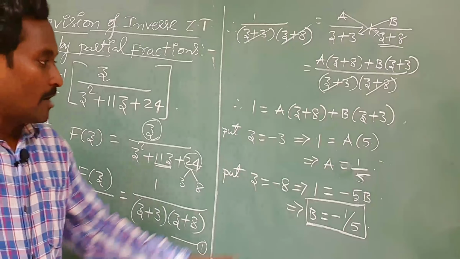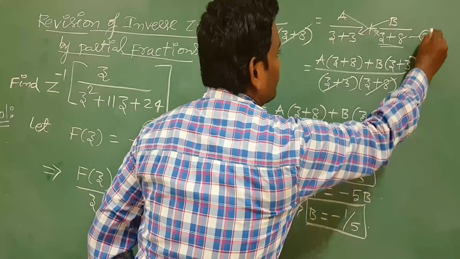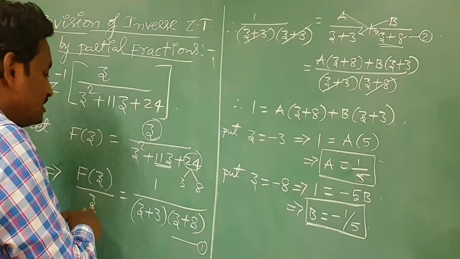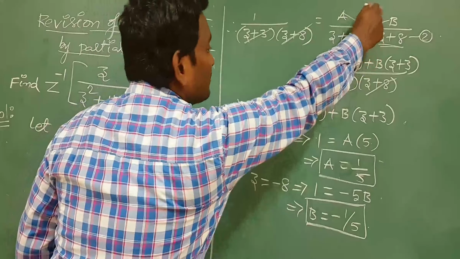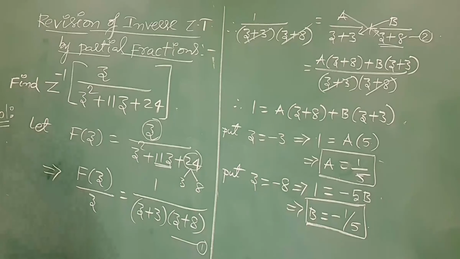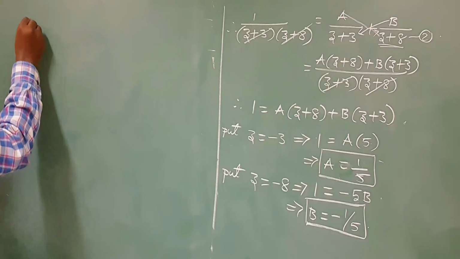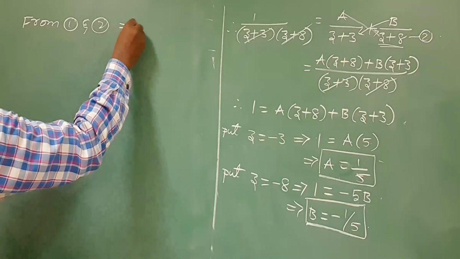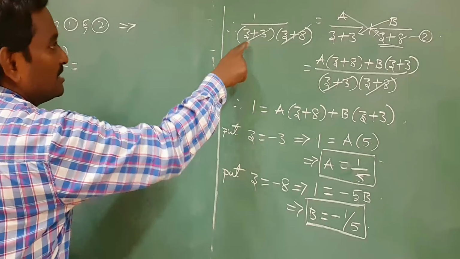So, we have to replace a value and b value in this equation number 2. Okay. From 1 and 2 directly I will write f of z by z is equal to this one.